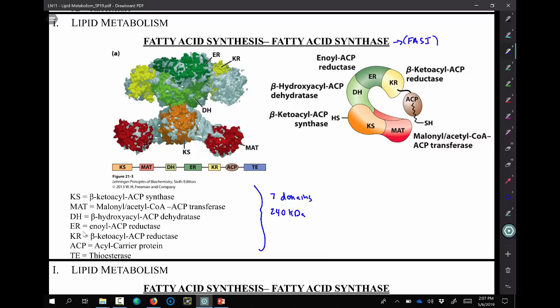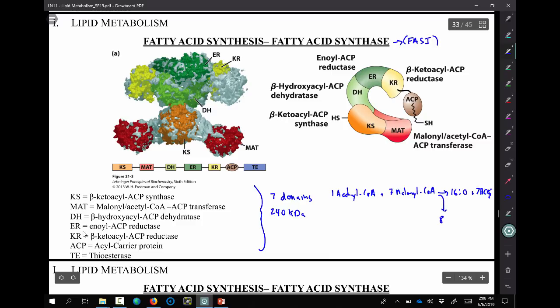Now, the reaction that it's going to catalyze is this. It's going to take that acetyl-CoA and the malonyl-CoA. There's 7 of those, remember. And it's going to make this 16-carbon saturated fatty acid, and 7 HCO3 bicarbonates.